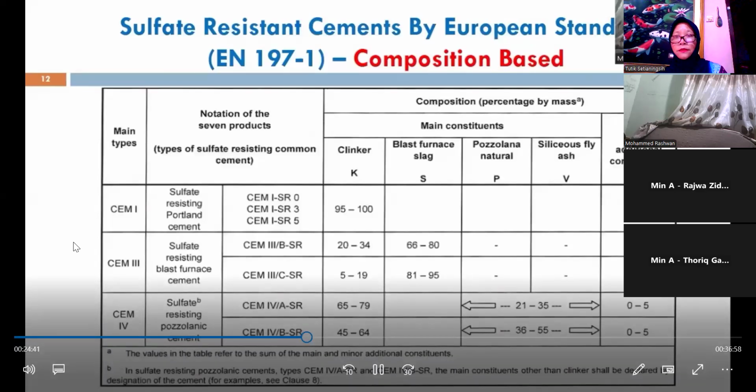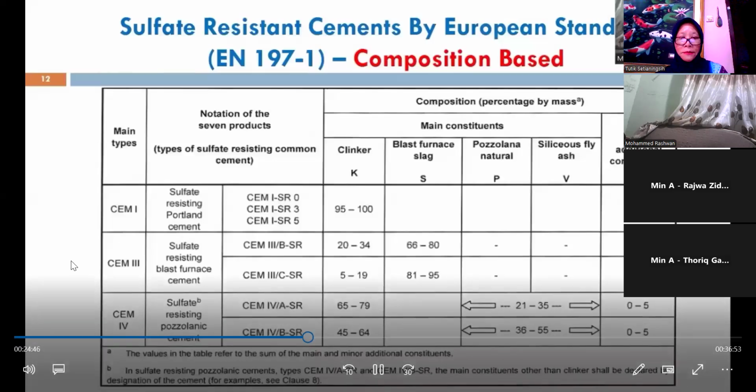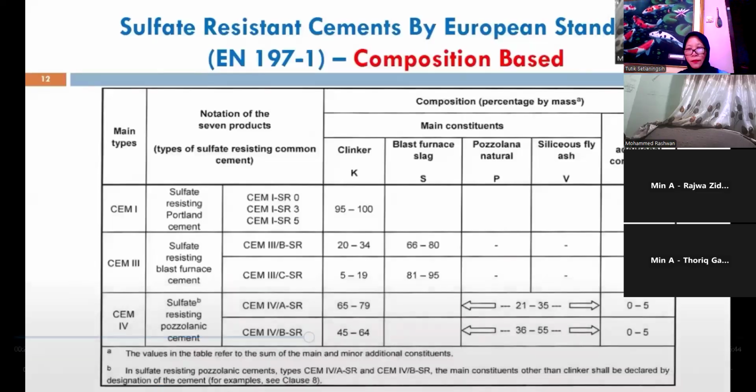Because C3A is the main cause of sulfate attack when there is a higher percent of C3A in the cement. This means the cement is not resistant to sulfate. If we put the concrete in soil or water of high sulfate content, this concrete may deteriorate. But if we lower the content of C3A in the cement, the cement will be sulfate resistant.